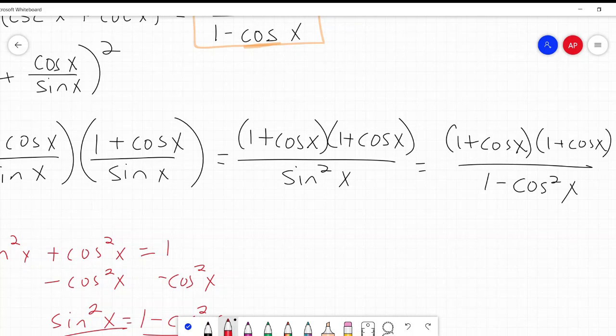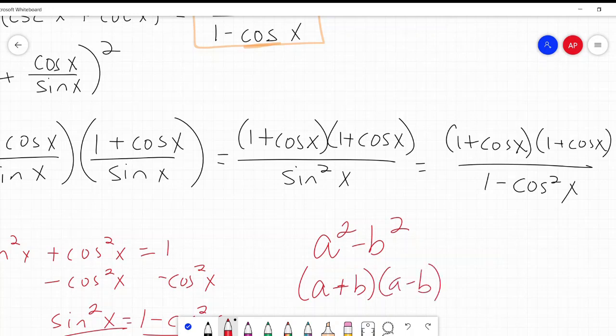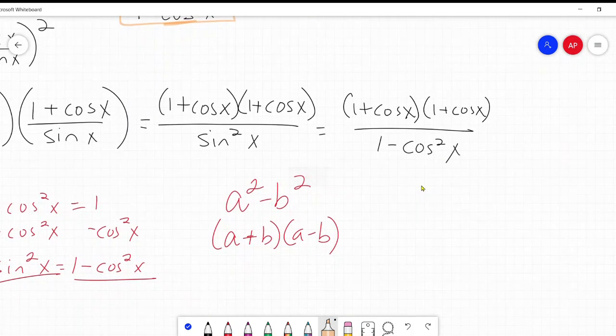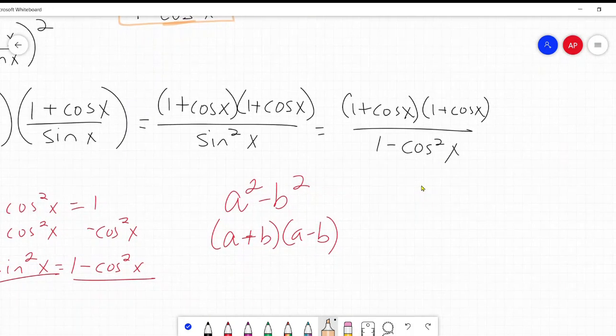Difference of squares says this: if I have a squared minus b squared, I can factor that as a plus b times a minus b. It's just an easy way to factor things. So that's the one sort of aha moment that needs to happen in this. 1 is a square. 1 squared is 1. Cosine squared is a square, cosine times cosine. So this is a difference of squares, a square minus a square. So that can be factored as is seen right here, a plus b, a minus b.